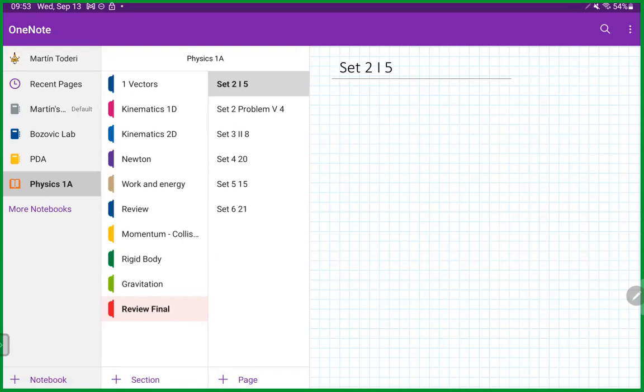So maybe we can take a look at one at least. We can start from the last ones to the first ones because those are the ones that we have solved less. So the last chapters.